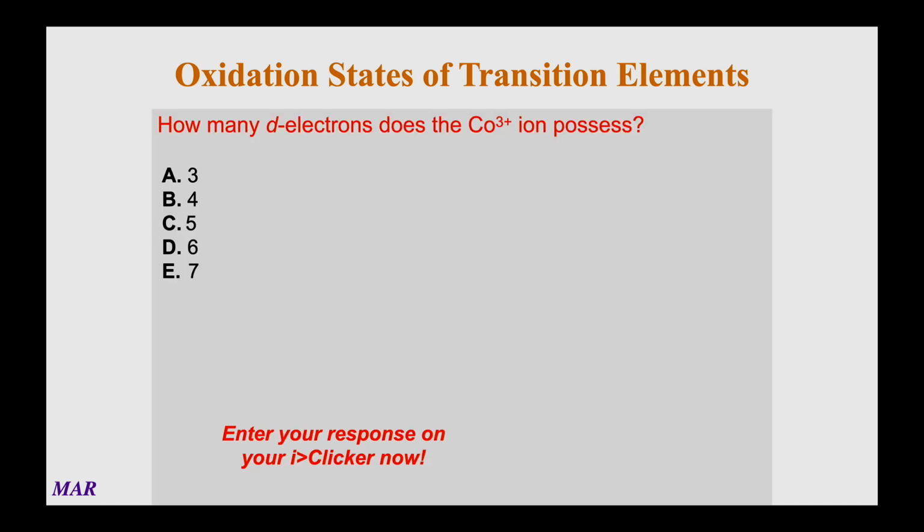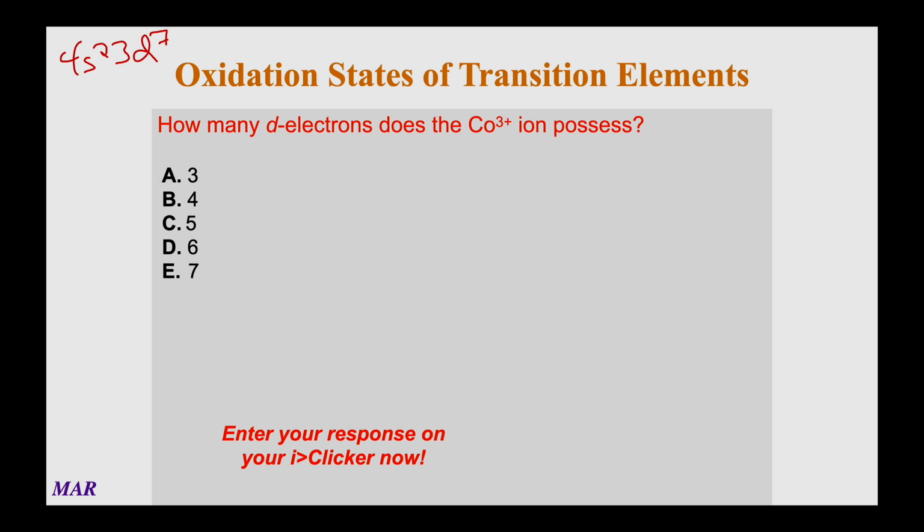How many d electrons does the cobalt 3+ ion possess? Now this is kind of cool. So we saw just a little bit ago that cobalt is a 4s2 3d7 atom when it's neutral, okay? And cobalt +3 means that we're taking away 3 electrons. Well, if you have a 4s2 3d7, it might be tempting to take all 3 electrons from the 3d, so there would be 4 d electrons left.